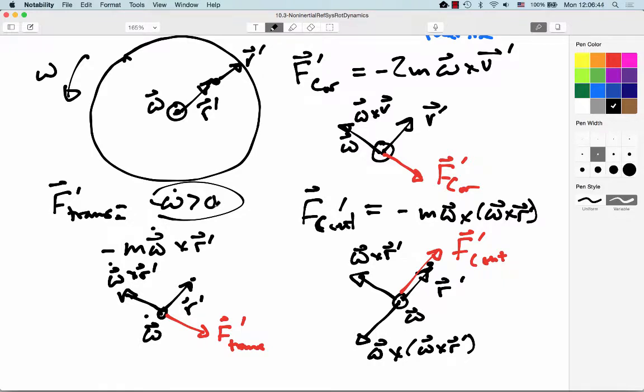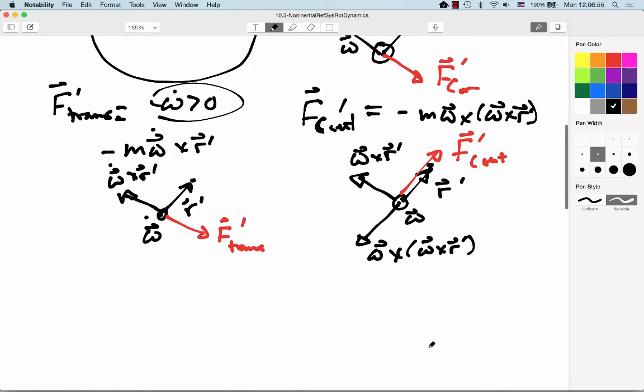So we see here that the centrifugal force is basically trying to throw the object off the turntable, so it points away from the center.